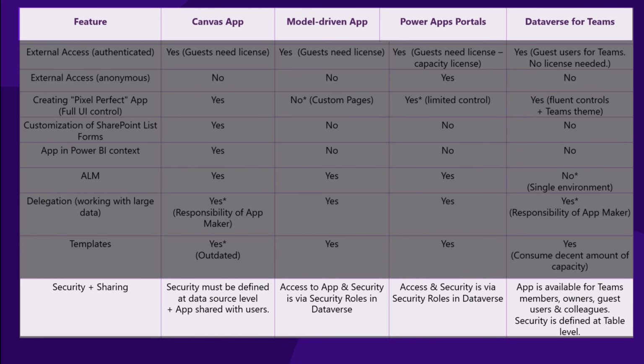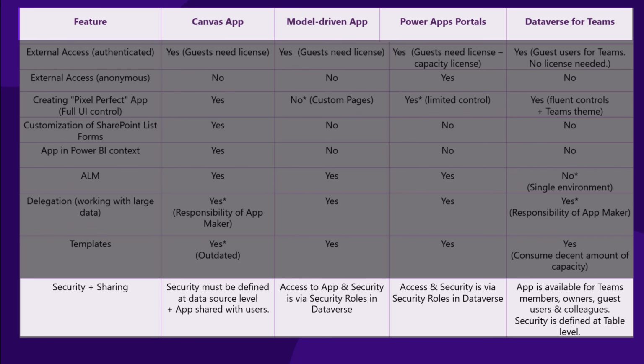And finally, from a security and sharing standpoint, in a Canvas app, since you're connecting to your data source, the app maker has two responsibilities. One, they will have to share the app with users who need to run those apps. Plus, they need to also ensure that those users have the necessary security to act on the data to which they are connecting to.